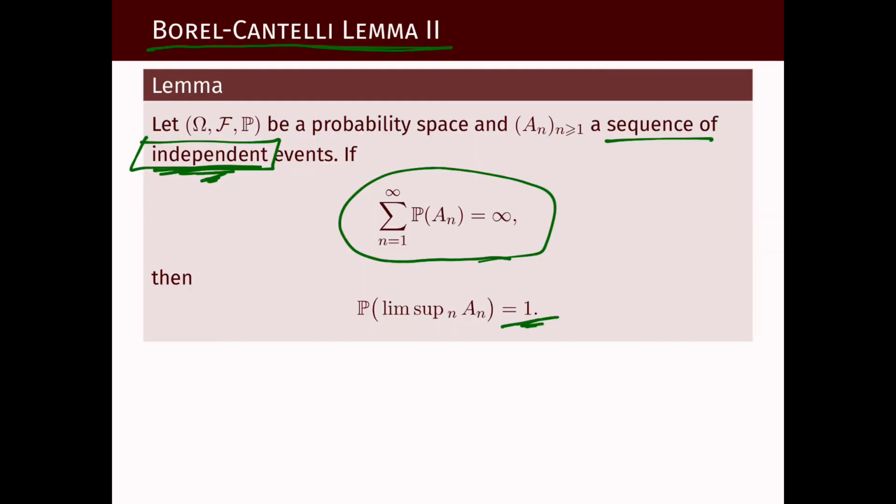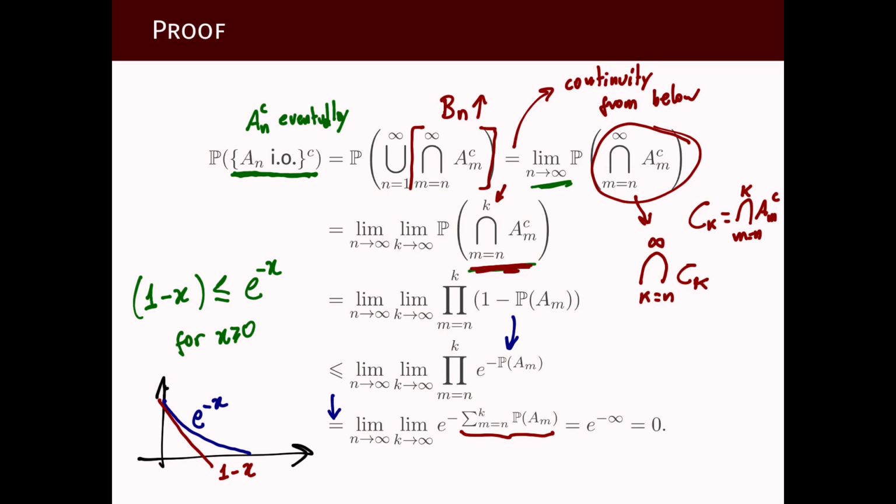Let's go back. What's in the statement of Borel-Cantelli lemma 2? That this series is infinite. And that's what we're writing here. This is just a partial sum of a diverging series. So as k tends to infinity, this will tend to minus infinity.